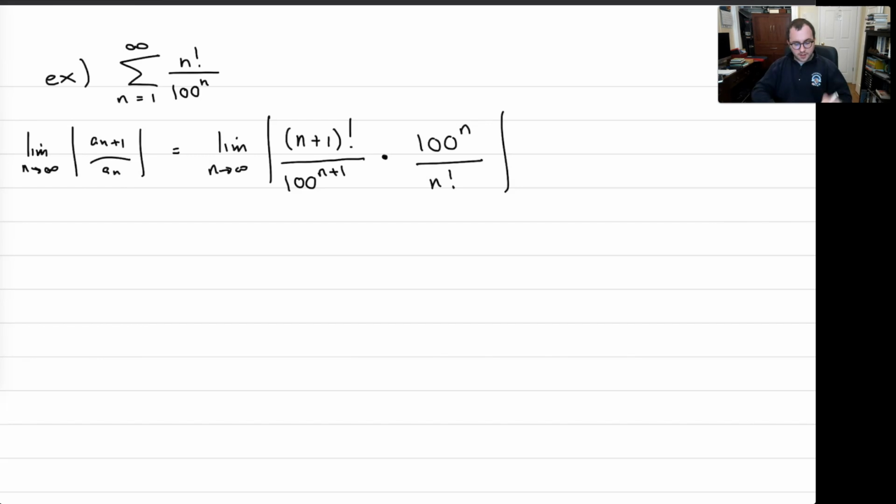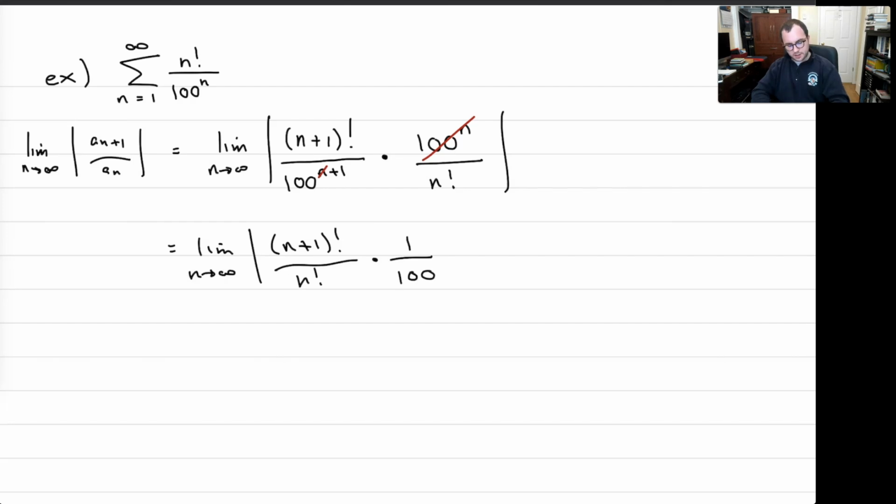We know how to simplify the exponentials. This 100 to the n cancels with that 100 to the n. And we get 1 over 100 left over.